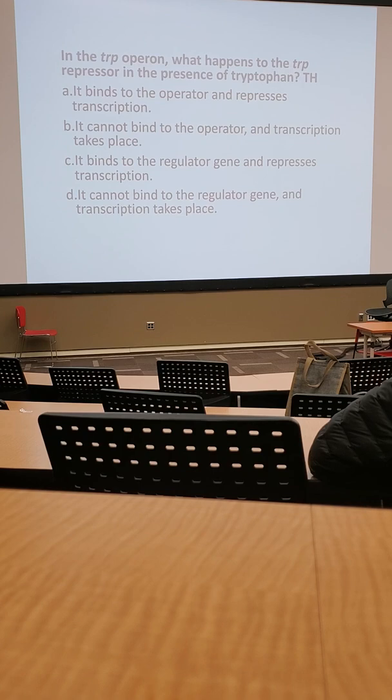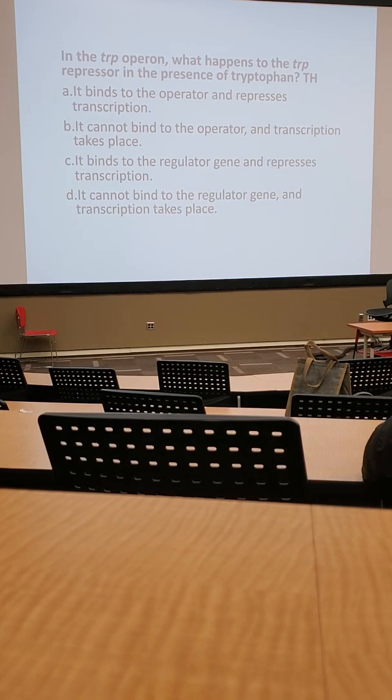Just knowing that tryptophan is a co-repressor should give you enough information to answer this. And this came up in a question last lecture too. You have to think about the perspective, like what protein am I asking you about? I'm asking you about the trp repressor, not necessarily the whole operon, unless it helps you answer the question, but this repressor protein in general.